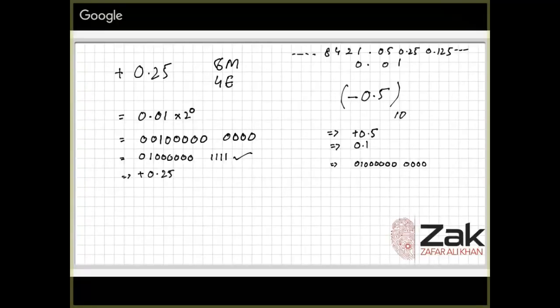But the original number was minus 0.5. So we have to convert it. We keep the exponent the same. The first bit we keep the same and toggle the rest. As soon as we convert it to negative form, this is now non-normalized. If I normalize it, this would become 1, and the exponent would become minus 1.